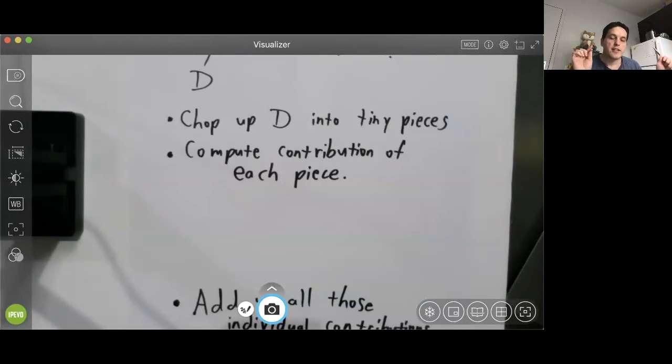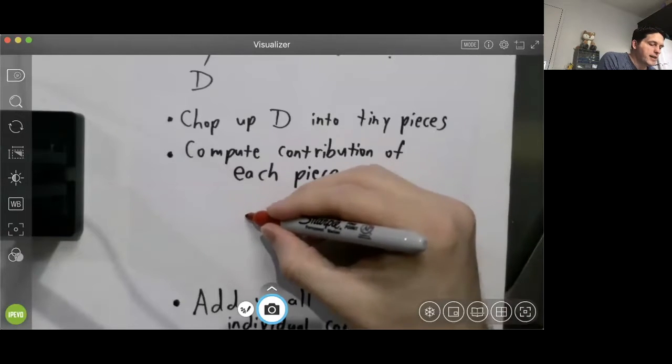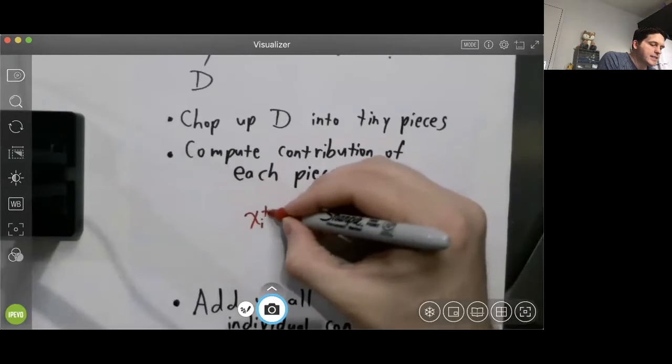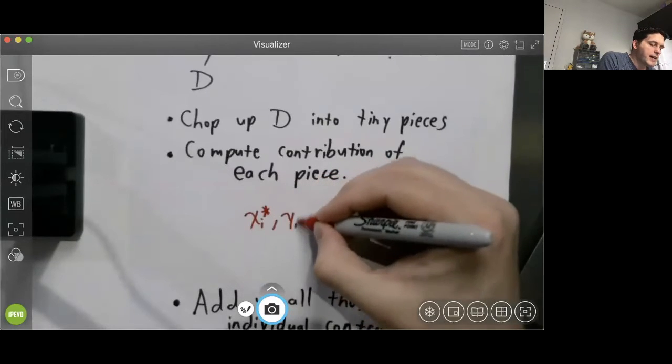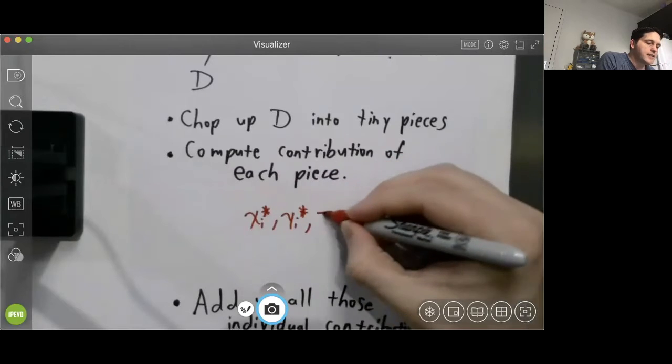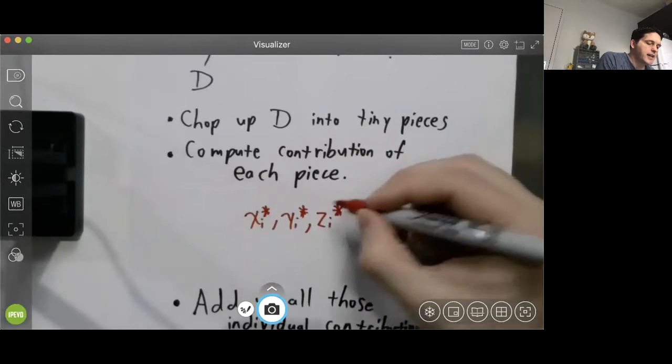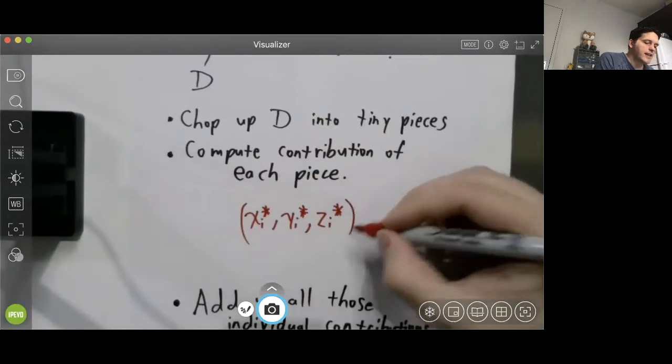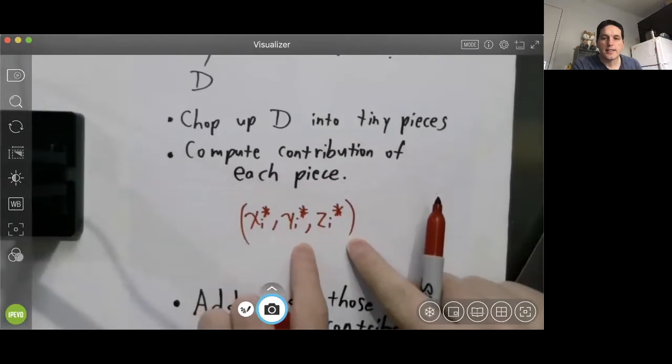And let's say we want to compute the contribution of the ith piece. The way we do that is we select a point xi star, comma yi star, comma zi star. This is a point that belongs to the ith piece, and this point is selected arbitrarily.